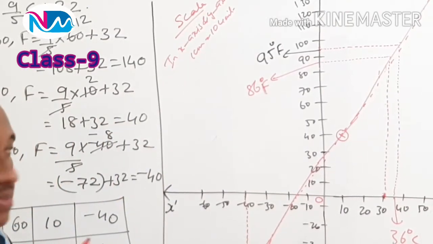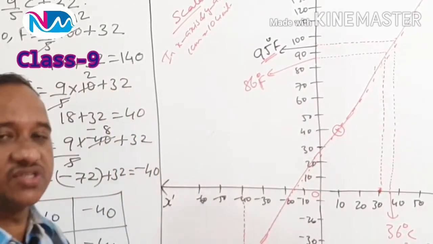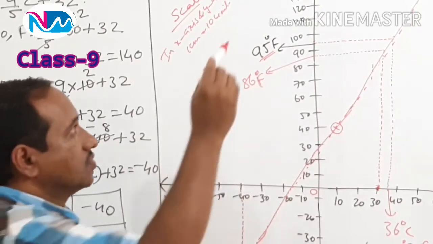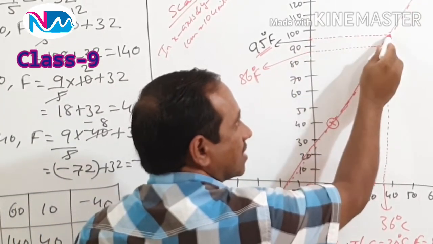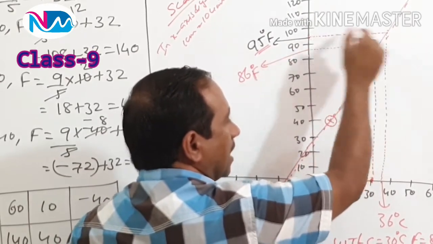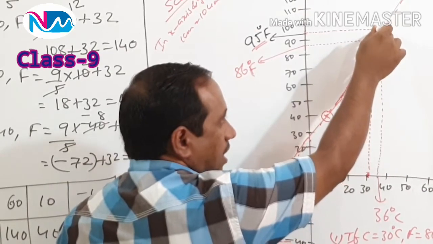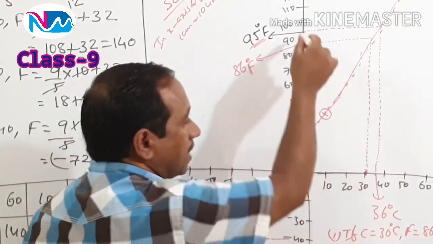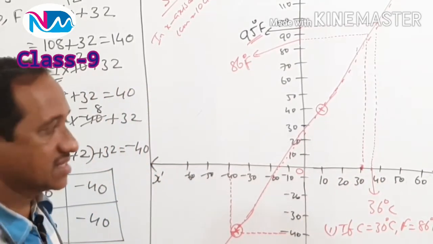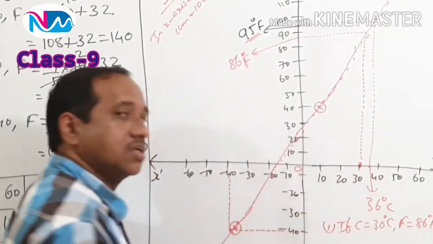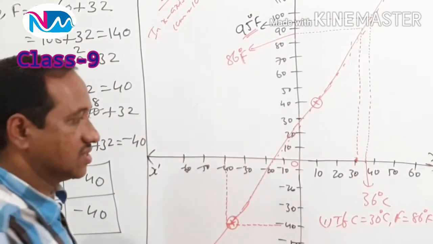Similarly, if the temperature is 95 degrees Fahrenheit, what is the Celsius temperature? For that, from 95 degrees Fahrenheit, I join the graph using a line parallel to the x-axis, and from the point of intersection, I draw a line parallel to the y-axis which intersects the x-axis exactly at 36.